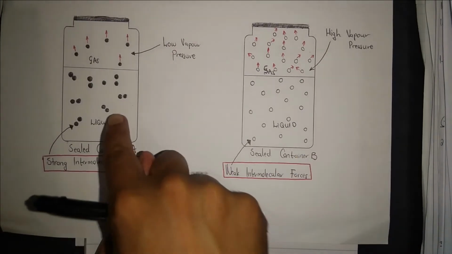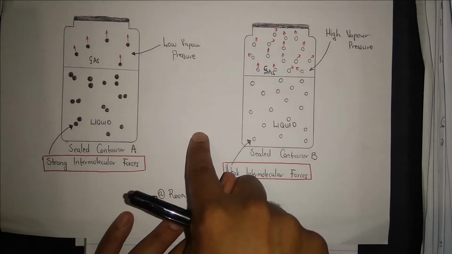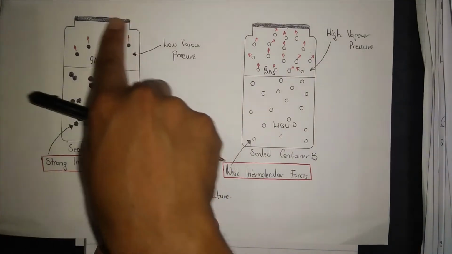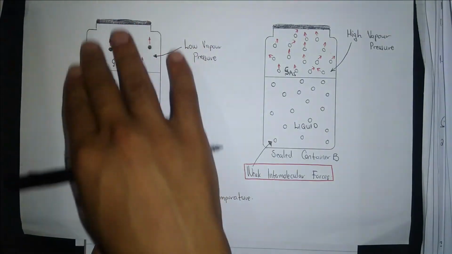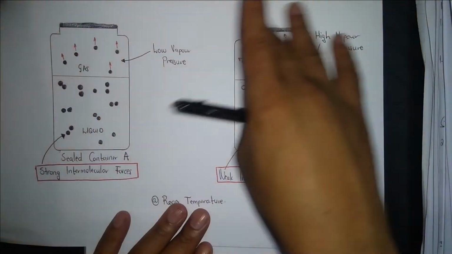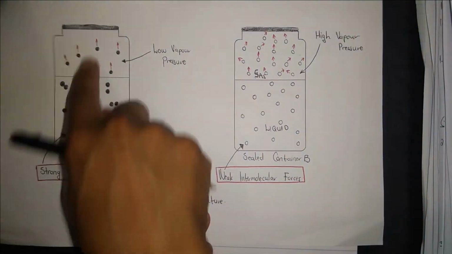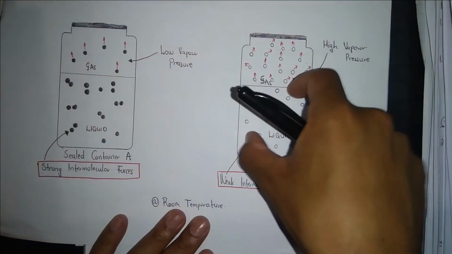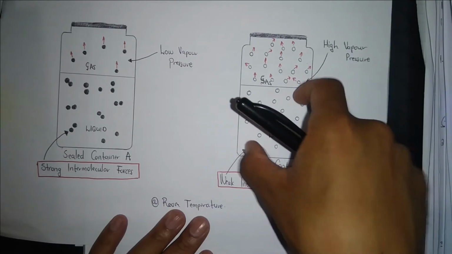So here if I increase the temperature to 40 degrees Celsius, maybe there will be 40,000 gas molecules or vapor molecules, and then here maybe 100 times this amount. Why? Because these intermolecular forces are weak.